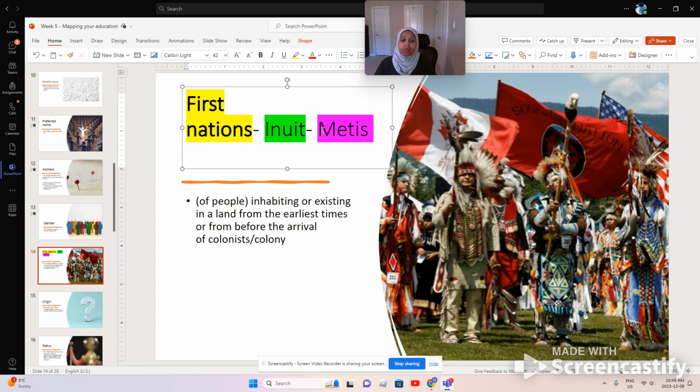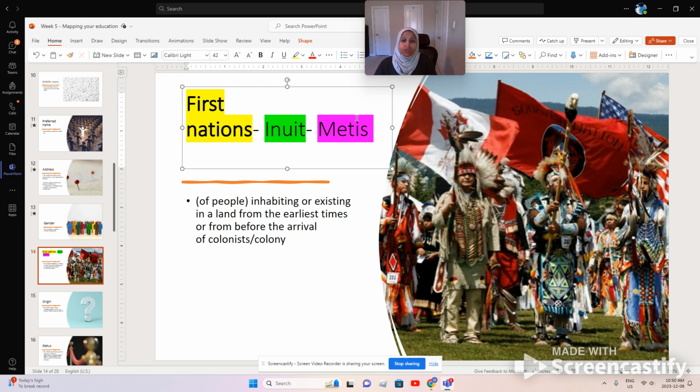Métis are people that come from a native background mixed with a European background. So their mom might be First Nation and their dad might be French, or their mom might be Inuit and their dad is British, right? Their grandkids that are mixed between Inuit and First Nation, and of course European settlers, are called Métis.